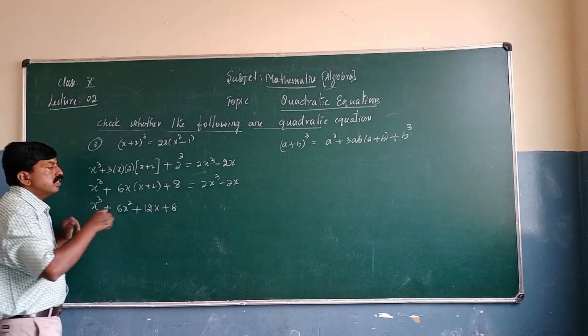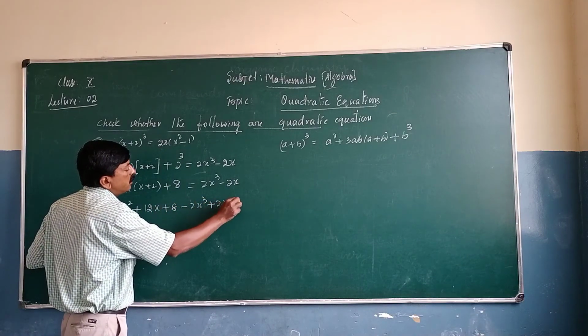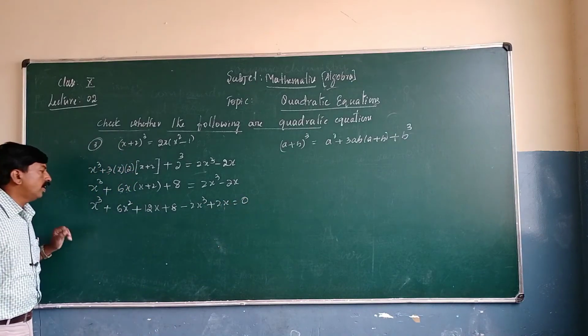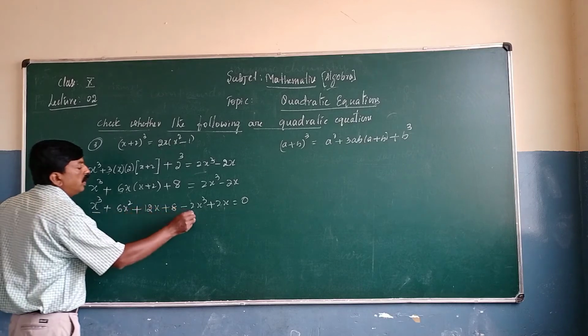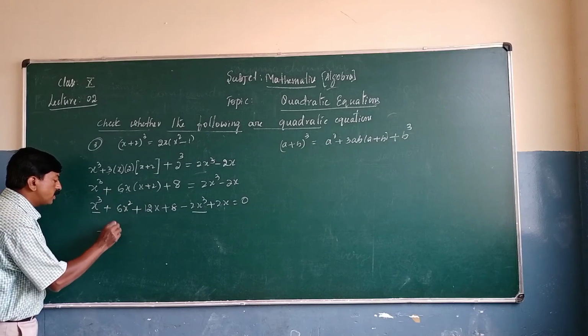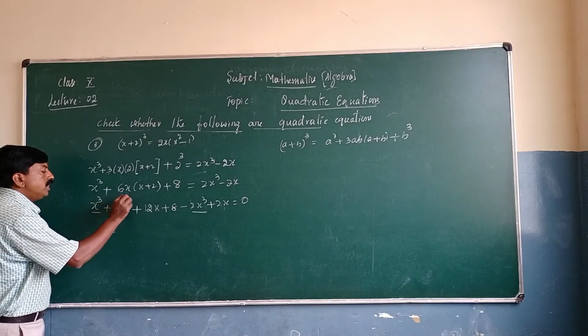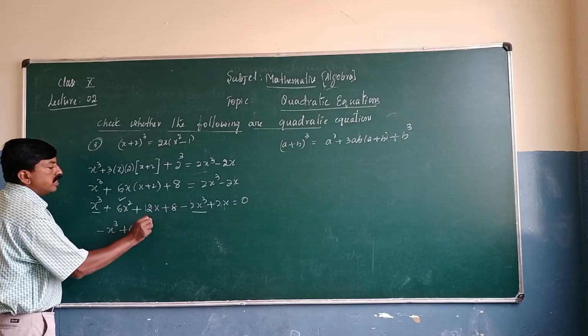Shift that term to LHS. Minus 2x cube plus 2x, which is equal to 0. Now observe here, x cube minus 2x cube. The difference of that is minus x cube. Plus 6x square, only one term, write as it is.